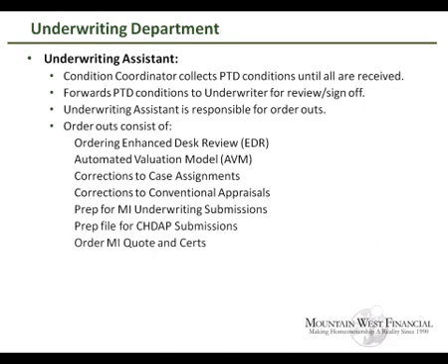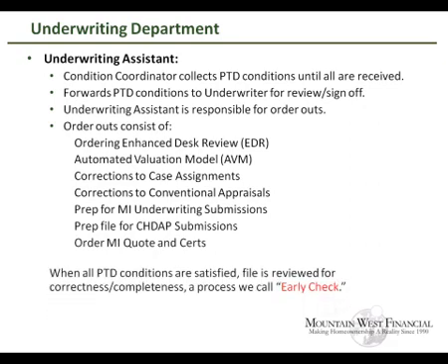They also order MI quotes, inserts. The underwriter assistant does not review conditions. The underwriter reviews their own conditions. However, the underwriting assistant does complete all of these other functions.